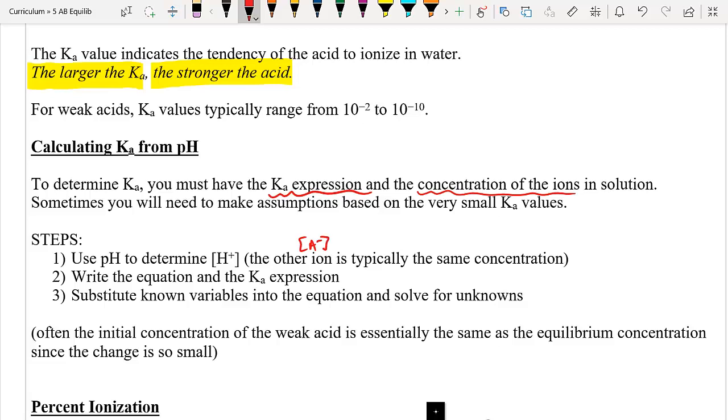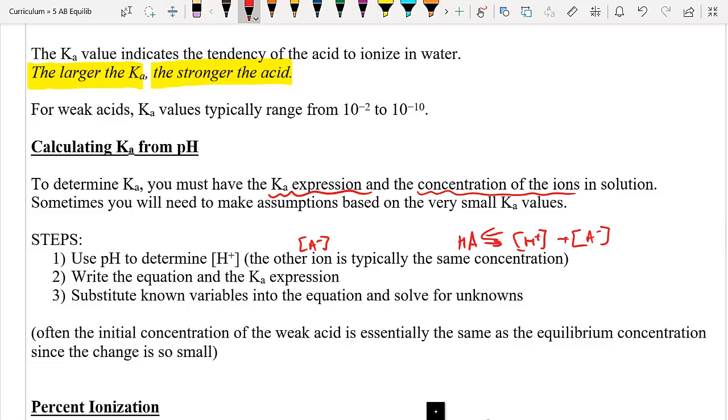It is usually going to be the same concentration as the hydrogen because they come together in a 1-to-1 ratio, that HA breaking down into the hydrogen and into its anion form. So we can find hydrogen from pH as our first step and make the assumption that the anion is the same as the hydrogen. We will then write out the equation and the Ka expression.